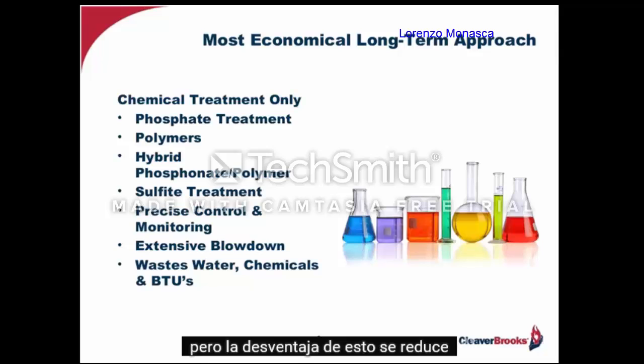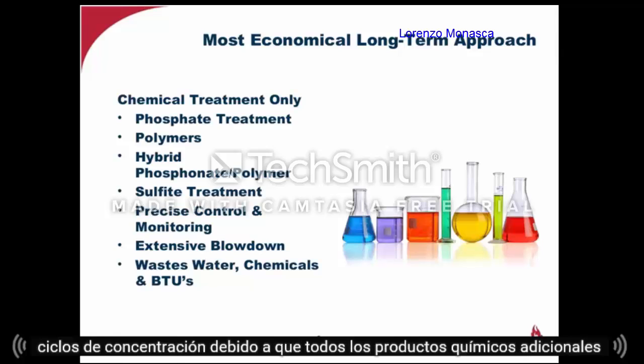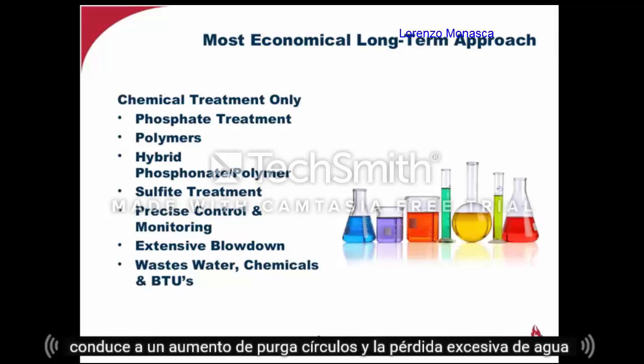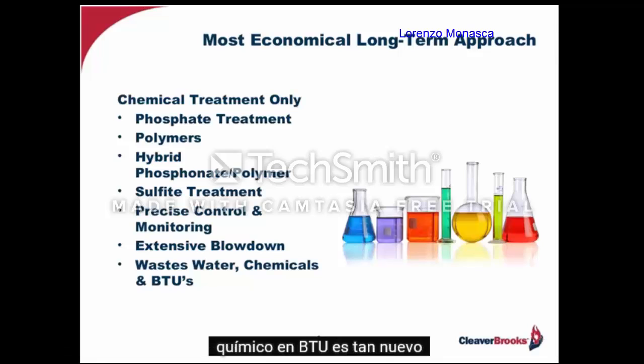But the downside of this is reduced cycles of concentration due to all the extra chemicals being added, which is nothing more than solids. And then this leads to increased surface blowdown and then excessive loss of water, chemical, and BTUs.